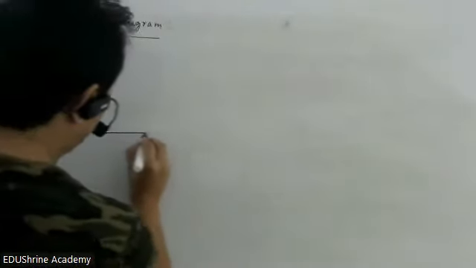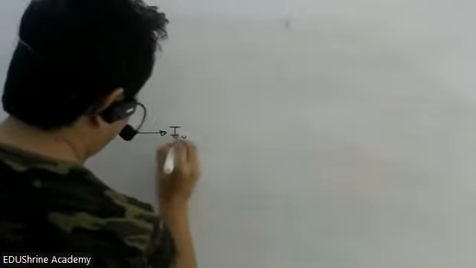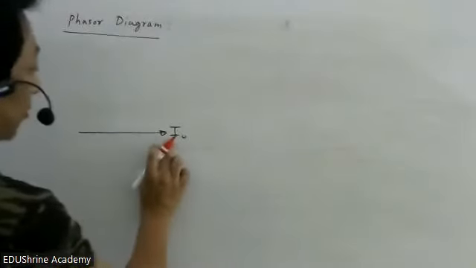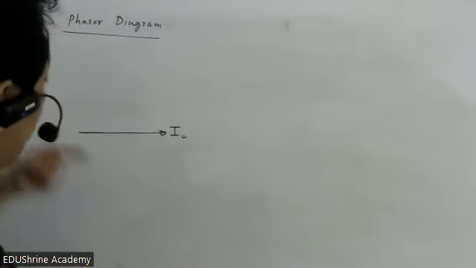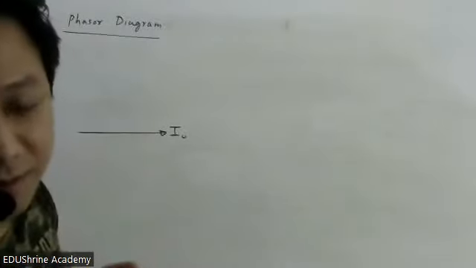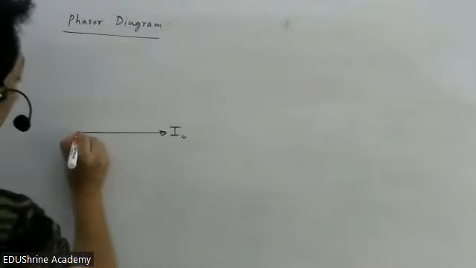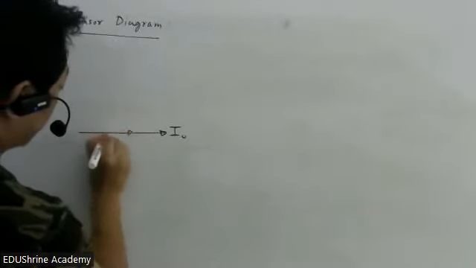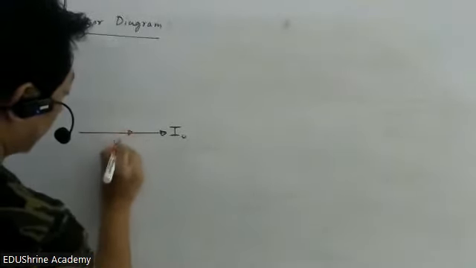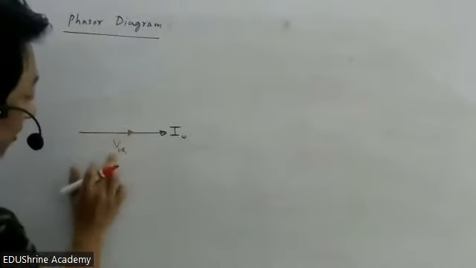So I will keep the current phasor as reference. Now quickly everybody should participate and tell. If this is your peak current, for voltage across resistor, where will it be? Here only or somewhere else? Here only. So this is your voltage across resistor, V naught R. Remember, this is a phasor, so the length of this arrow is this peak value, V naught R.